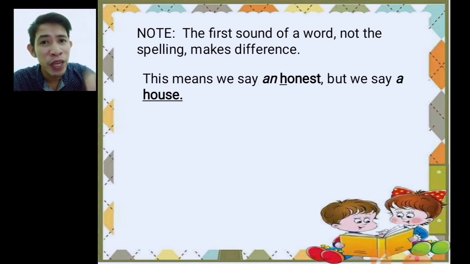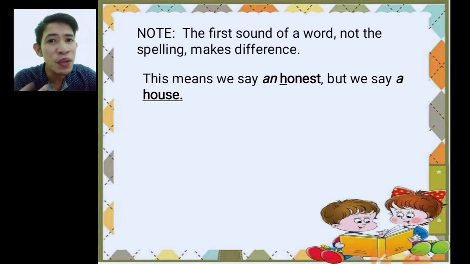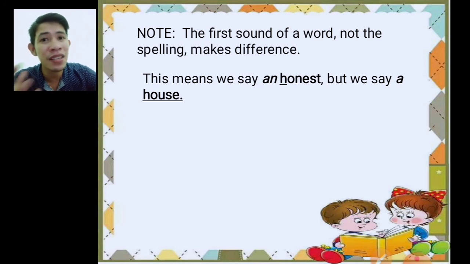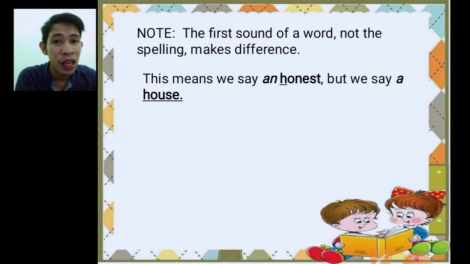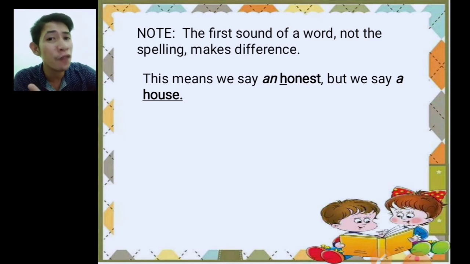Again, we do not use an or a for letters. We use this for sounds, a consonant sound and a vowel sound. Since the first sound of the word honest is a vowel sound, that's why we use an.